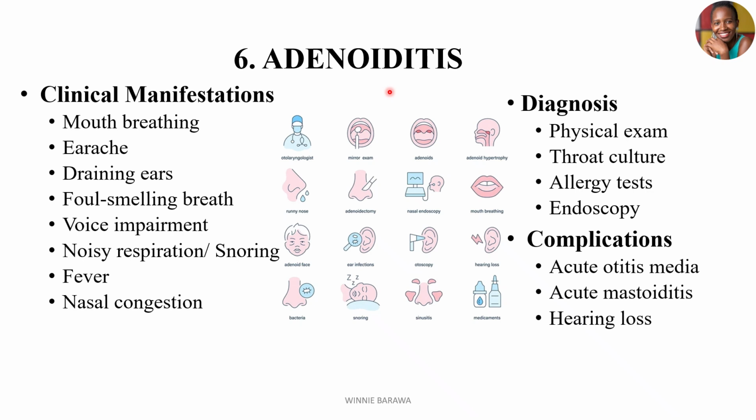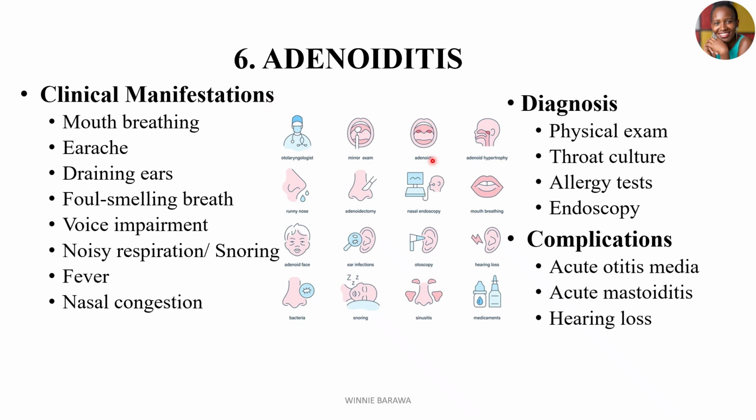When we wish to diagnose our client of adenoiditis, we can do a physical examination to confirm in the mouth or oral cavity, locating the adenoids and checking how they look. Do they look swollen, do they look inflamed, are they tender, and so on. Then you can do a throat culture by doing a swab, and use this swab to do culture sensitivity to exactly determine the microorganisms present on the site.